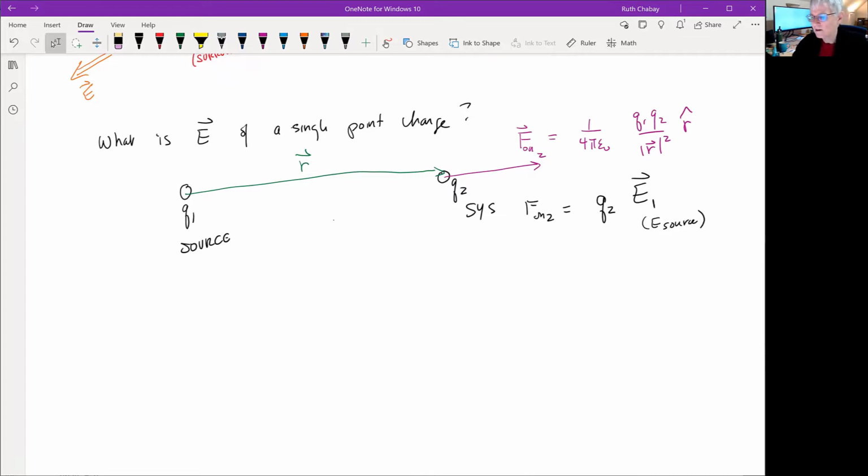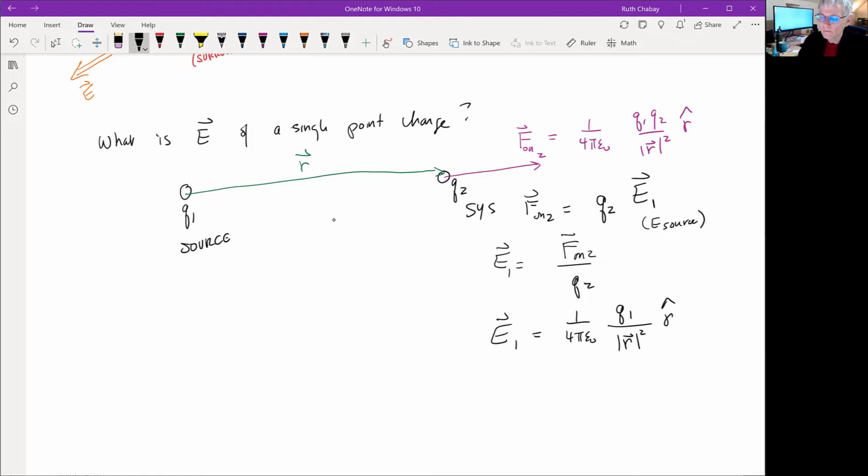So combining those two equations, the electric field due to 1 is just the force on 2 divided by the charge of 2. So the electric field due to a single point charge is going to be 1 over 4πε₀ times q of that source charge over the magnitude of r squared, times r hat.